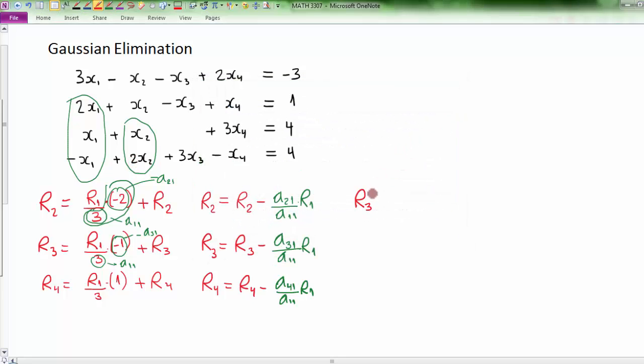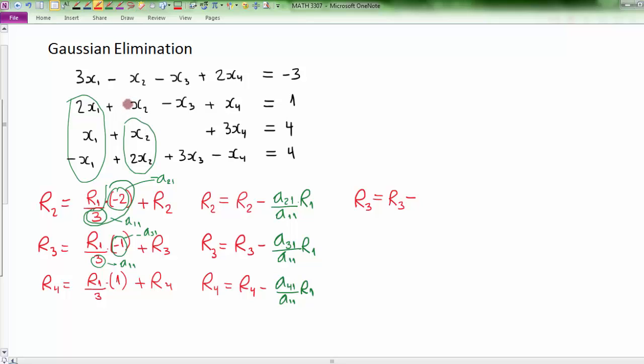So row 3 will be replaced by row 3 minus. We divide the entire row 2 by this coefficient here, which at this point is 1, but when we eliminate these first 3, this might not be 1 anymore, it might be something else.